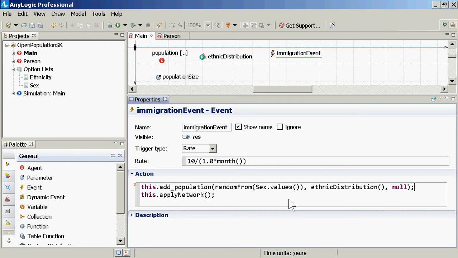The little light bulb suggests that we use self instead of this. Oh, yes.